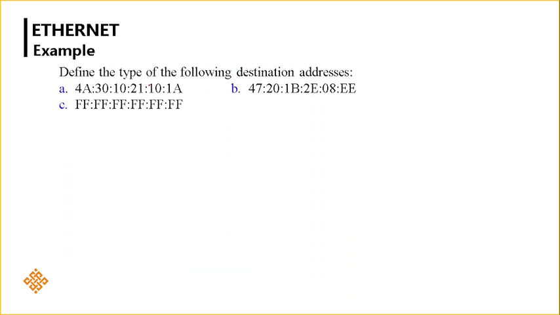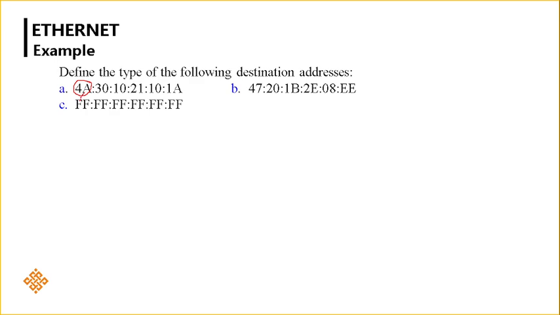Now let us see one or two examples here. This is one type of Ethernet address: 4A colon 30 colon 10 colon 21 colon 10 colon 1A. As I told you, you need to consider only the first byte.